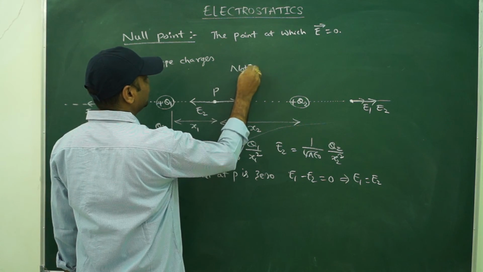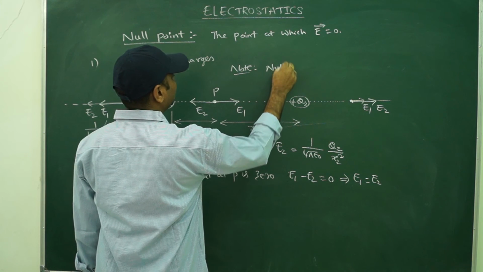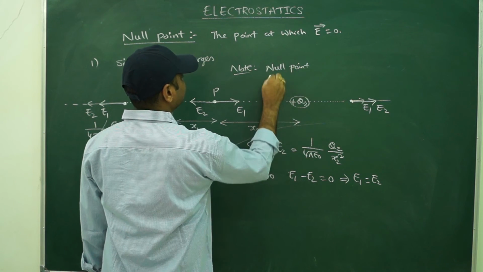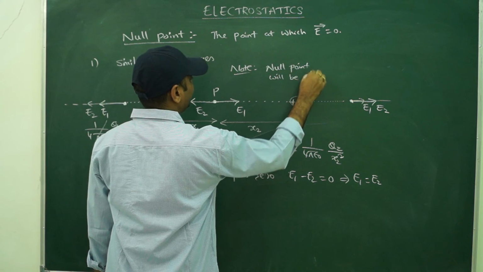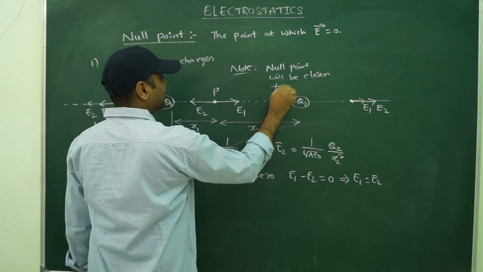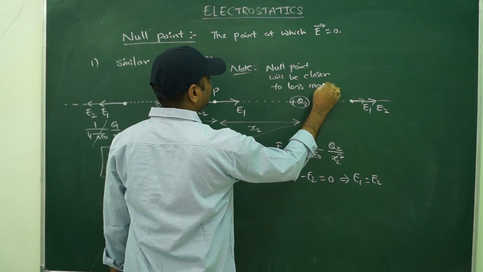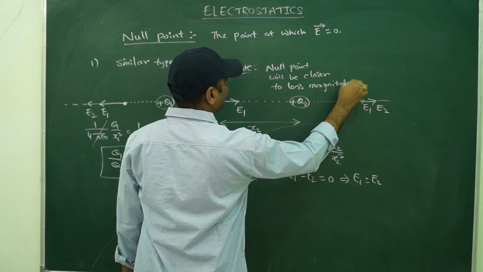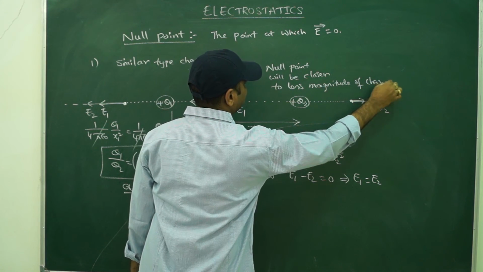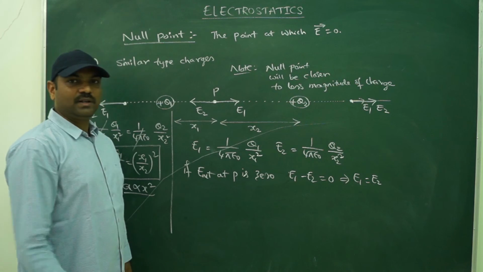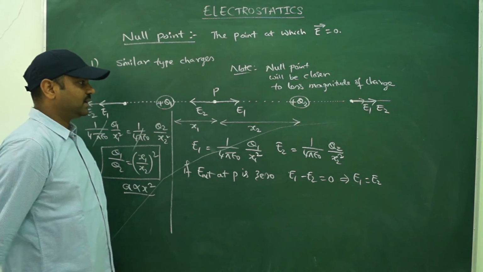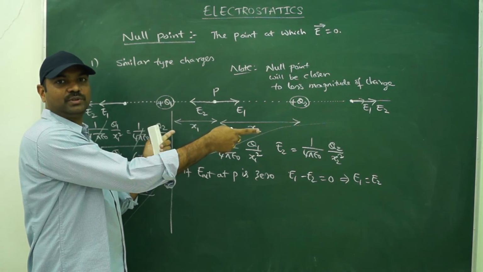The conclusion is the null point will be closer to the lesser magnitude of charge. Whichever charge has the lesser magnitude, the null point will be close to that charge, and at the same time in between the two charges.